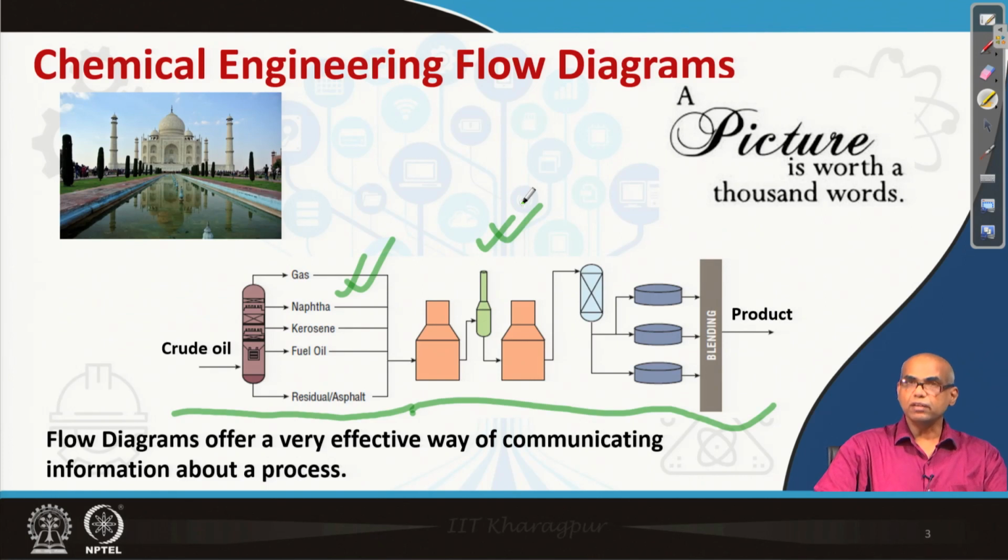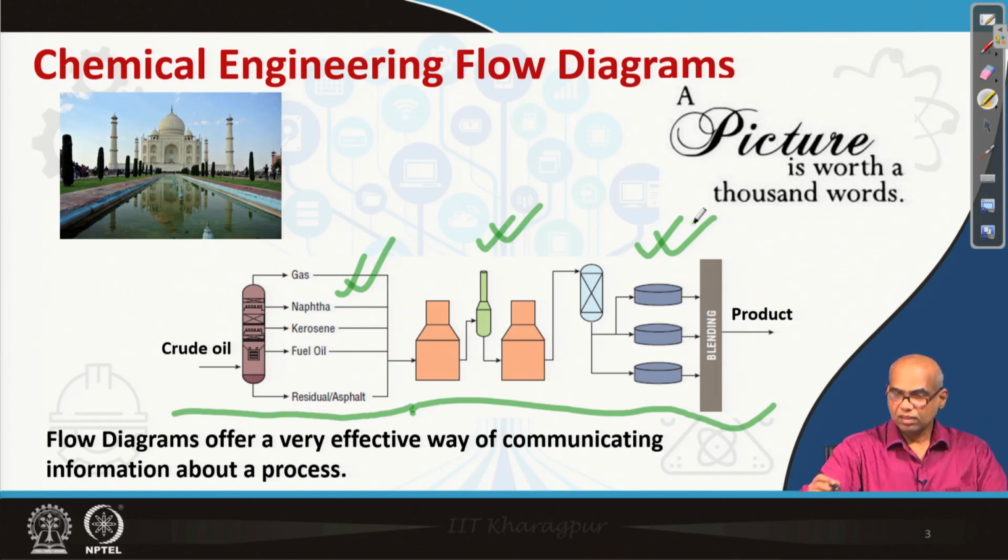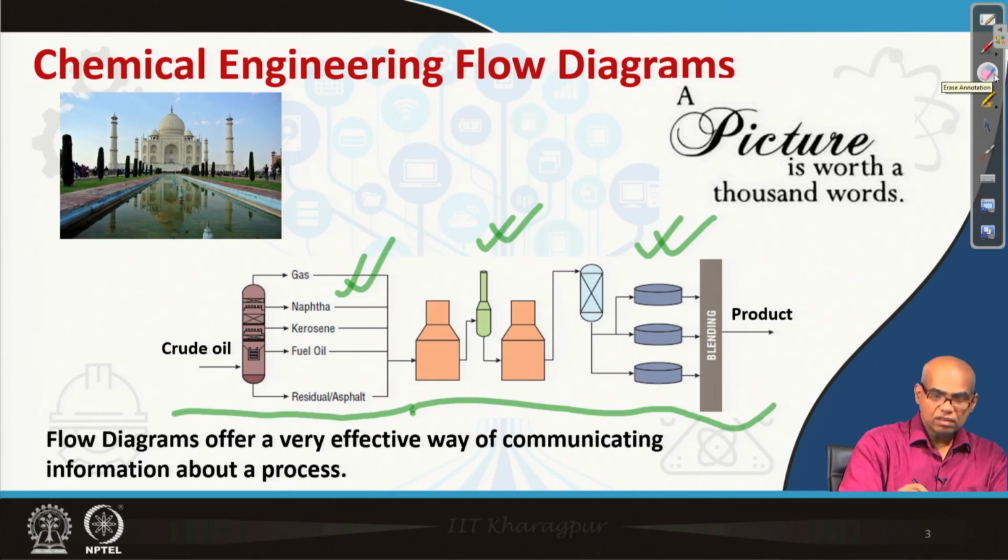In fact, it is done to add value and then these are being blended to get the final product. So, without much description, just by this pictorial representation, it is possible for us to represent a chemical process. So, this is what we will see in today's lecture.